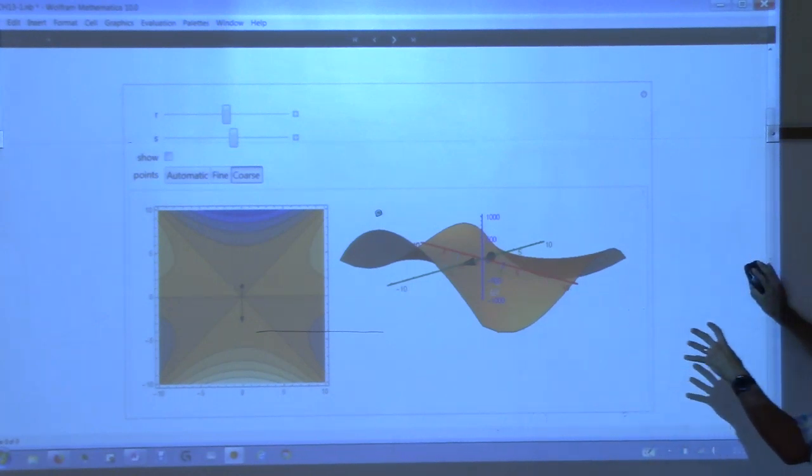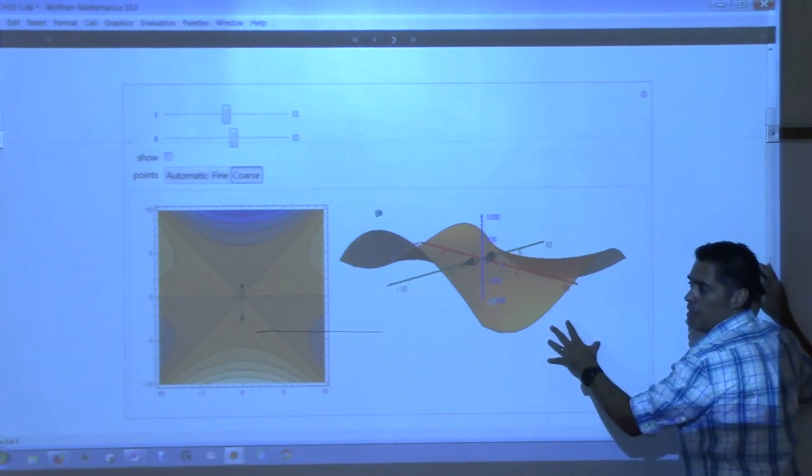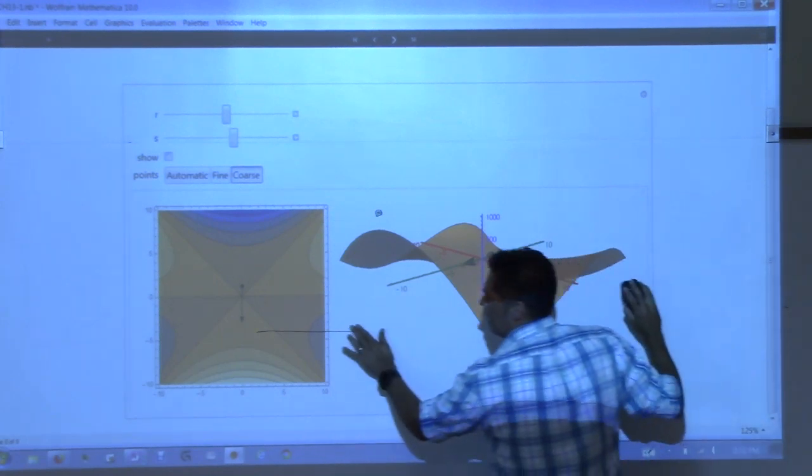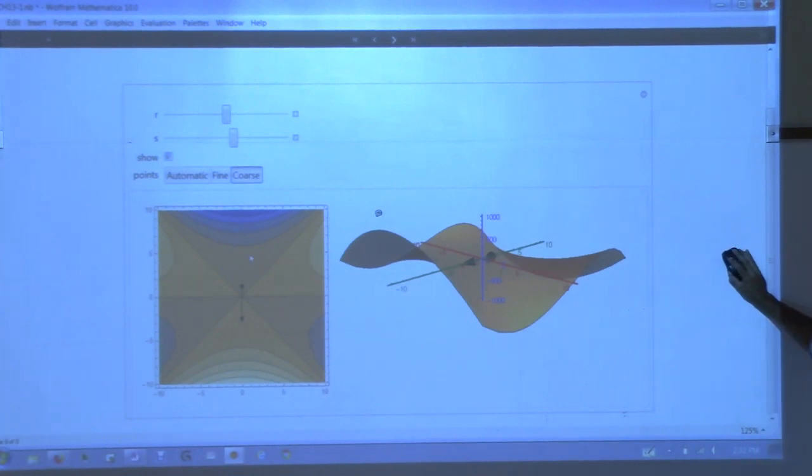If we take the gradient of this, we will get a vector field, and over here on the left side is a picture of that vector field. Can you all see the vectors okay here? So I'm going to move on this surface, kind of backwards, to the other side.